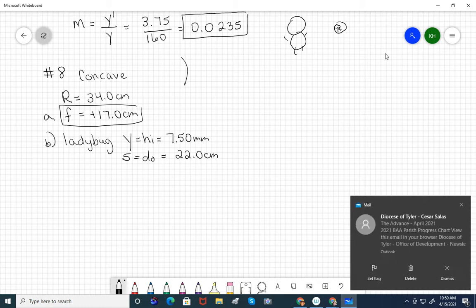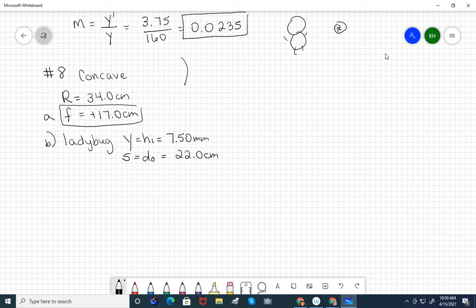Find the location and the height of the image. I want to find the image; I know where the insect is.